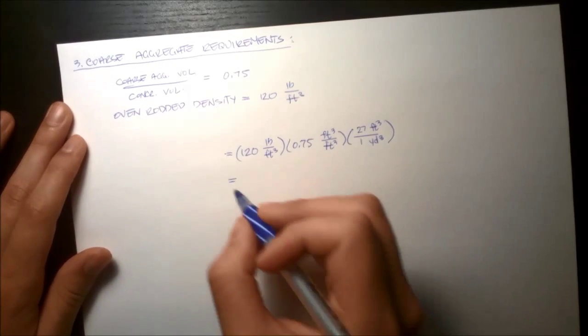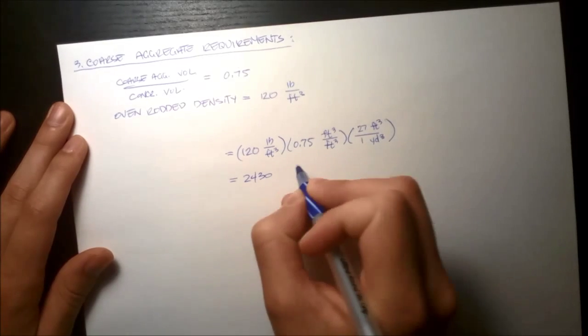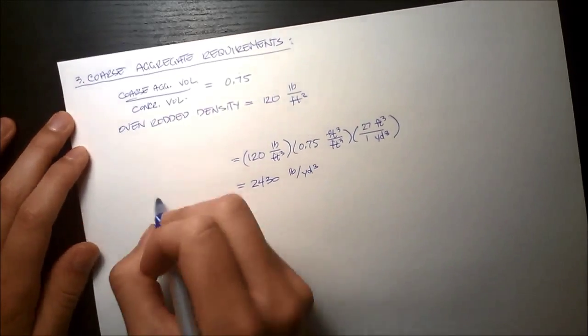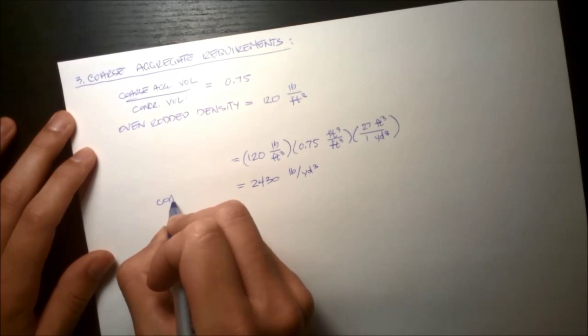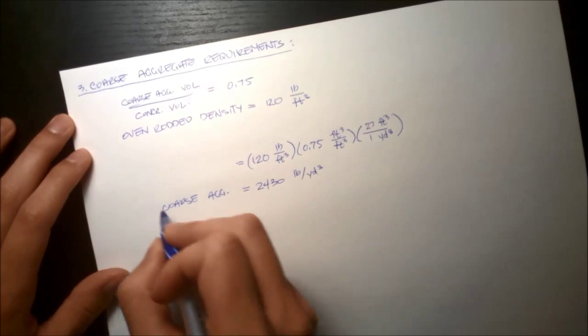This gives us 2,430 pounds per cubic yard of coarse aggregate.